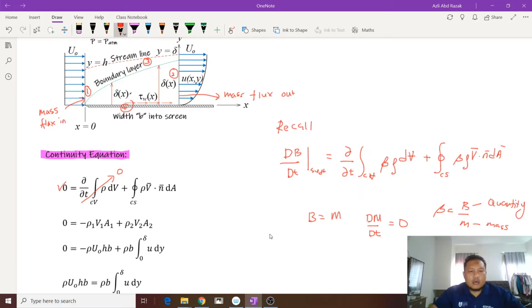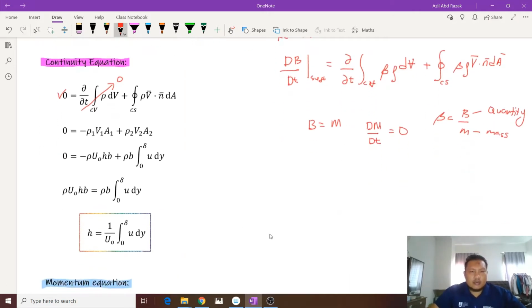Now if we solve this using the Reynolds transport theorem, what we have is rho 1 multiplied by v1, and then the minus 1.